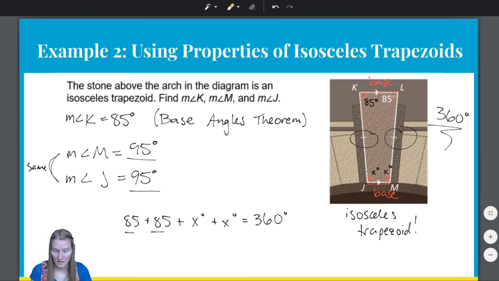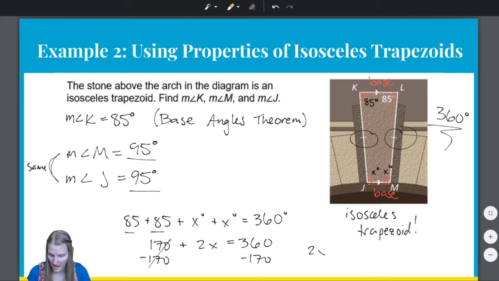Then, when I combine like terms, I get 170 plus 2x equals 360. I subtract 170 from both sides, and I get that 2x equals 190. And then I divide by 2, and I see that x is 95.